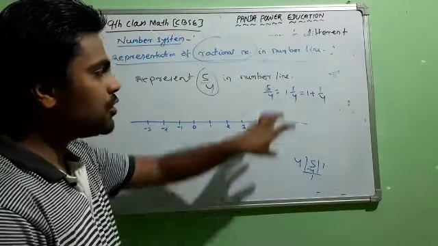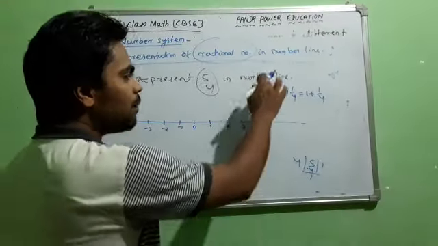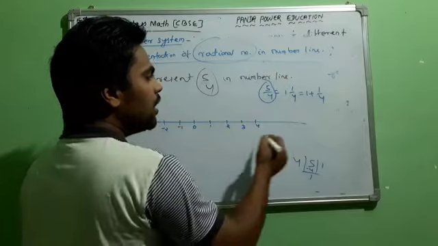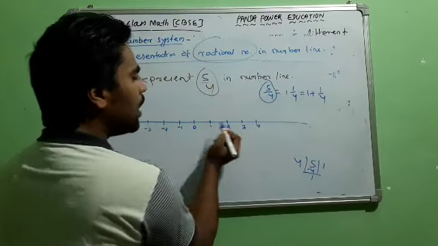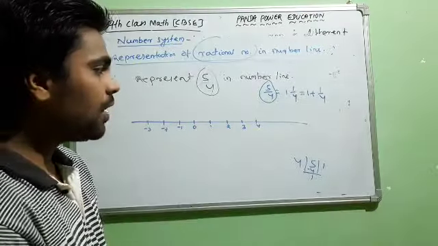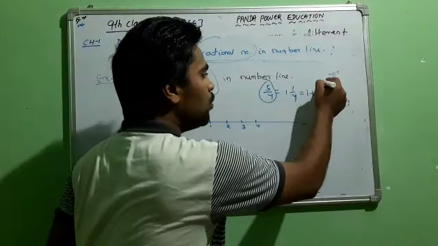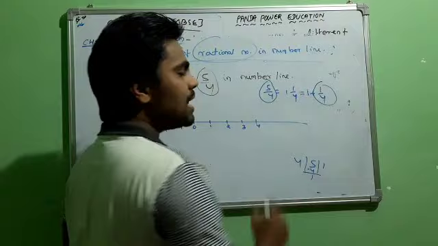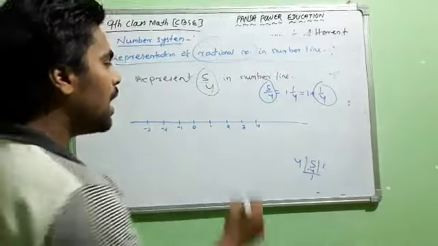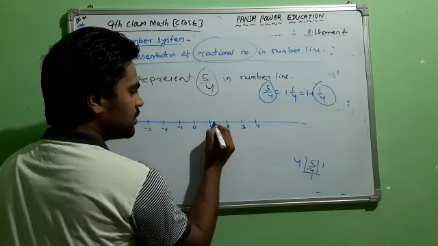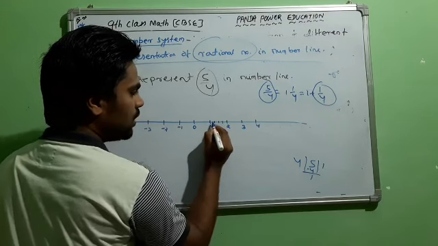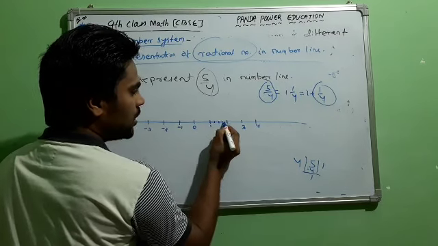So what do we learn here? That 5 by 4 value is in between 1 and 2. Got it? Now I'll take 4 as the denominator. I'll divide the distance from 1 to 2 into 4 parts: 1 part, 2 part, 3 part, 4 part.